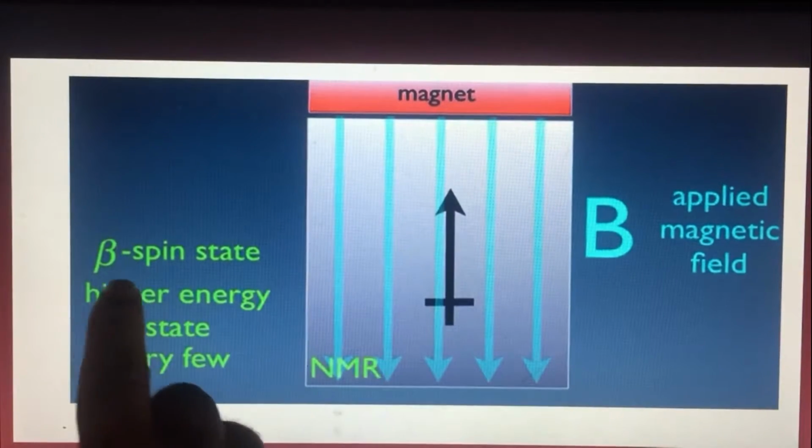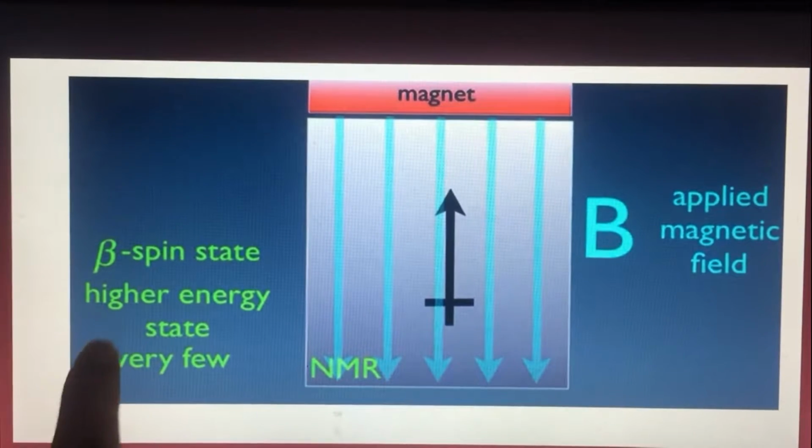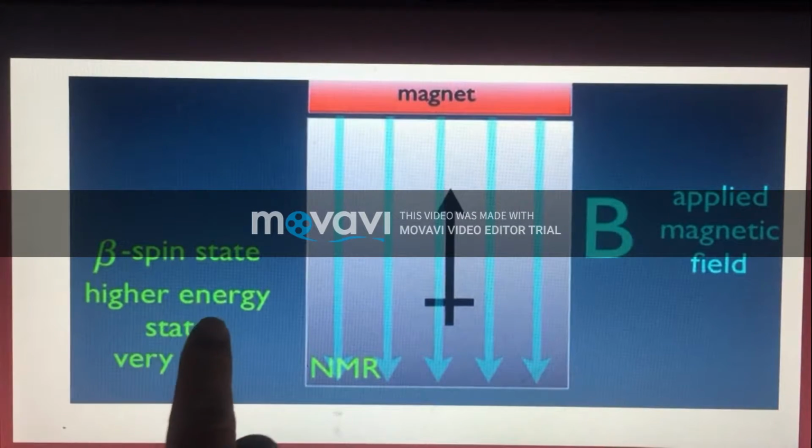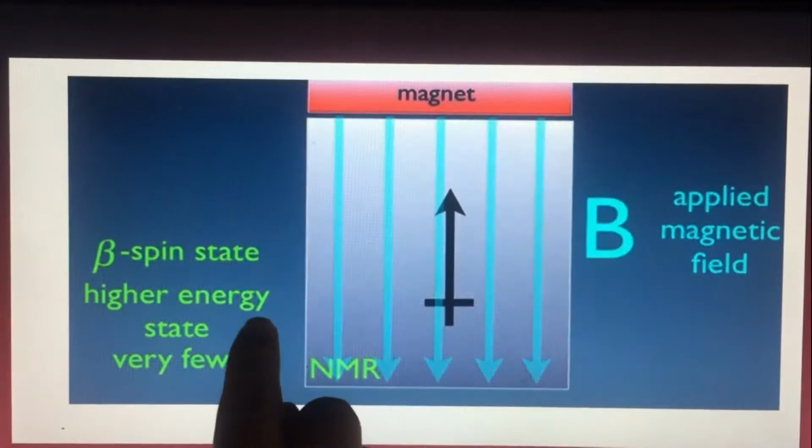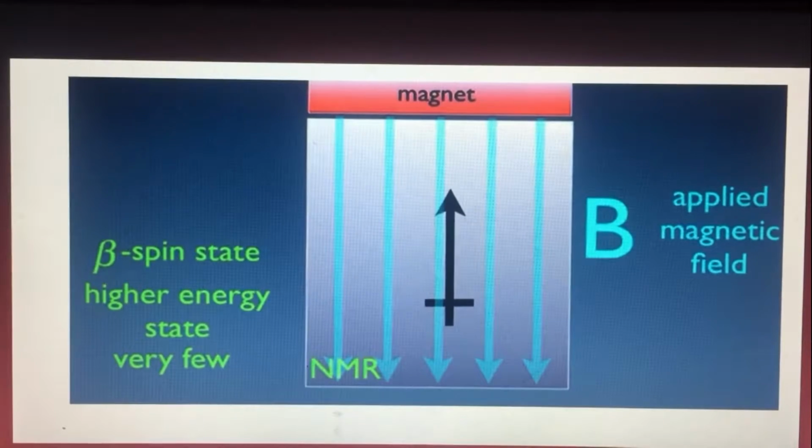This state is said to be the beta spin state, and in this case there is higher energy, so it is said to be the higher energy state. Only a few nuclei could be in this state. Okay.